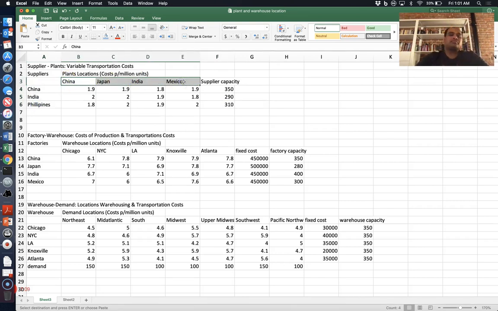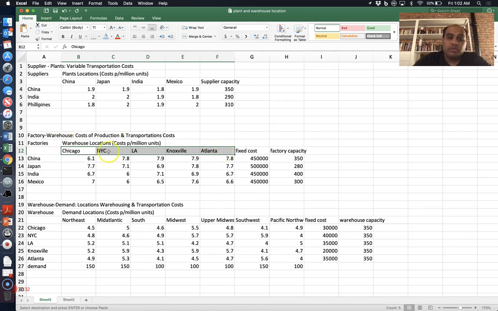Now, from your factory locations or plant locations in China, Japan, India, and Mexico potentially, your materials are transported to warehouses in the United States, and these are the 5 potential warehouse locations. One in Chicago, one in New York, one in Los Angeles, one in Knoxville, and one in Atlanta.